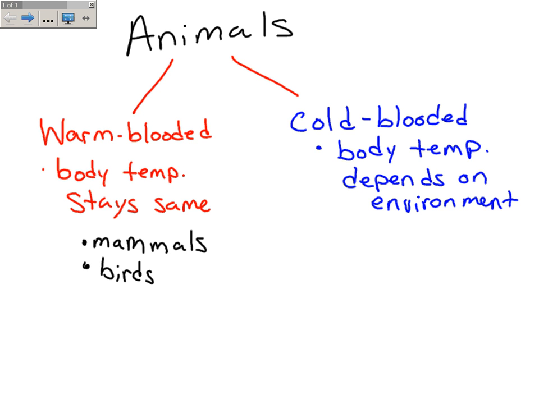On the other side, we have cold-blooded animals. These are things like reptiles, amphibians, and fish.